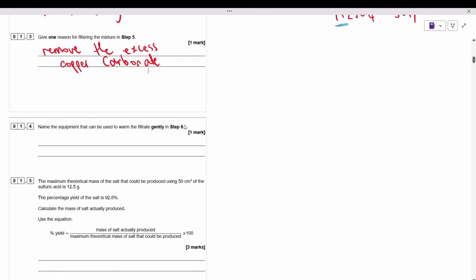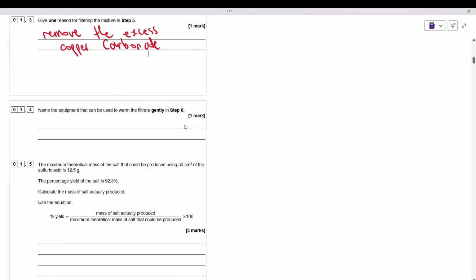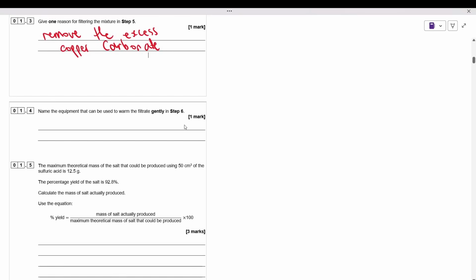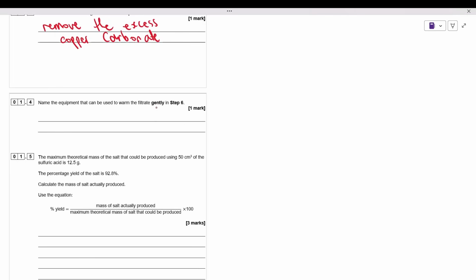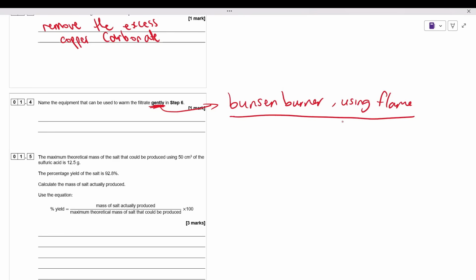Right, so 1.4, name the equipment that can be used to gently warm the filtrate, right? And notice that word gently. Okay, and that's a key word. And if it says gently, which is something that we do when we're making salts, it means that saying something like using a Bunsen burner or using a flame, these are completely wrong, because this does not indicate gentle heating.